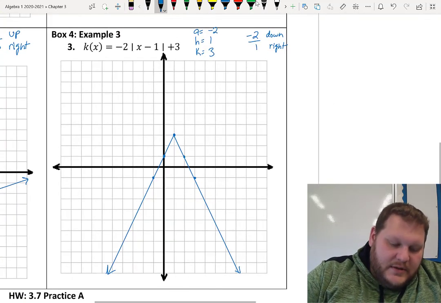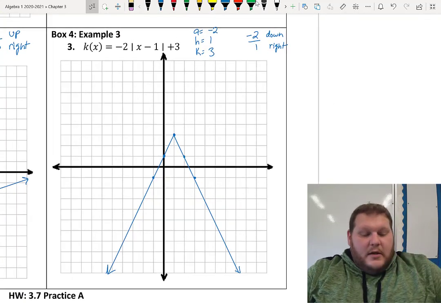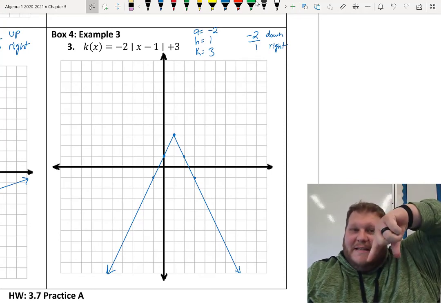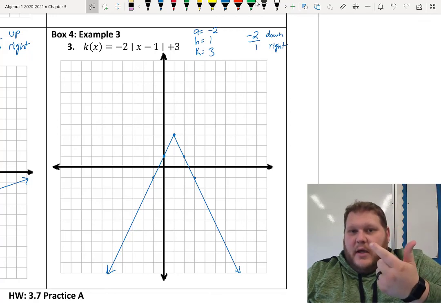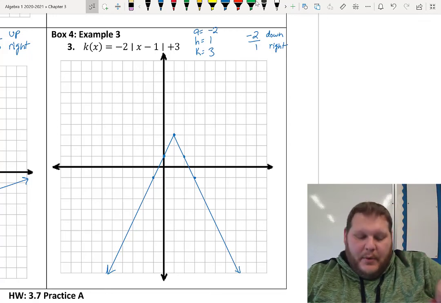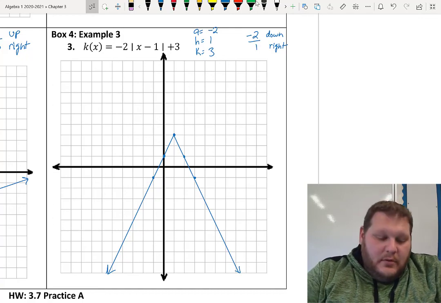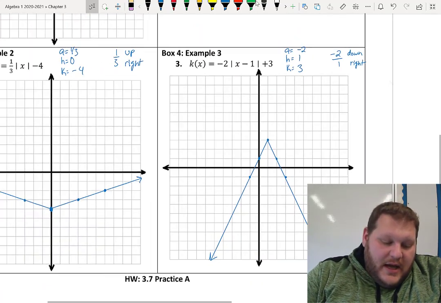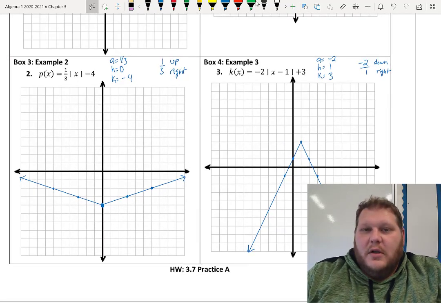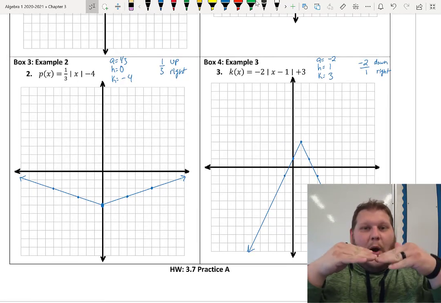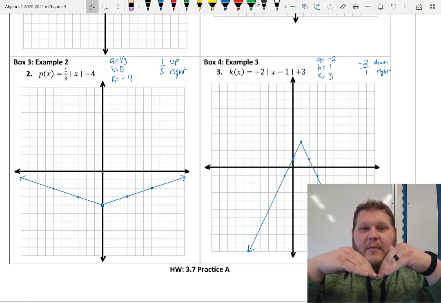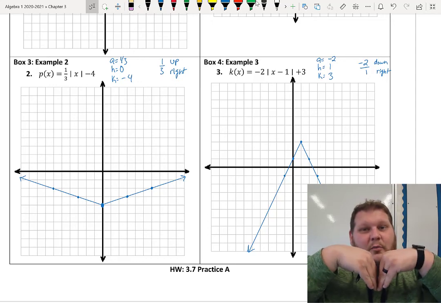There we go. So some things to notice here. Because my slope was negative, my V is now a mountain instead of a V. My absolute value graph is opening down, pointing down instead of opening up. That's always going to happen. The other thing to notice, looking at my slopes, is that 1/3, a fraction, made my V shape wider, and the bigger number, 2, made my V shape a little more narrow, a little more steep.